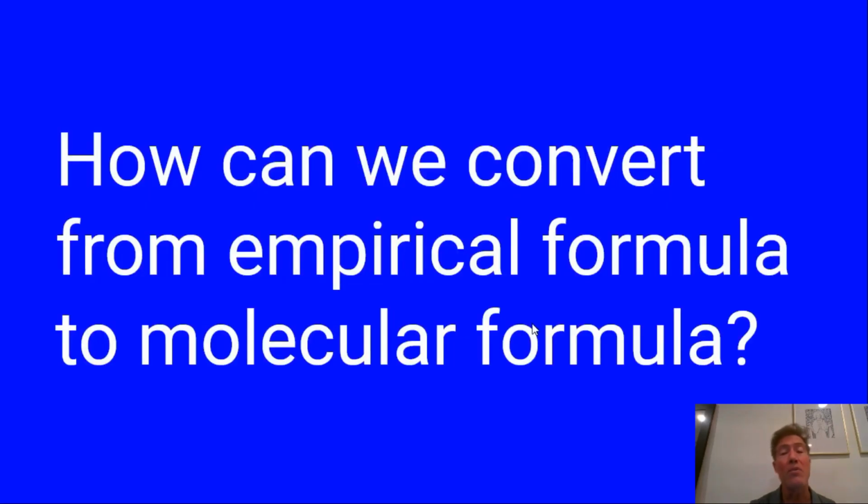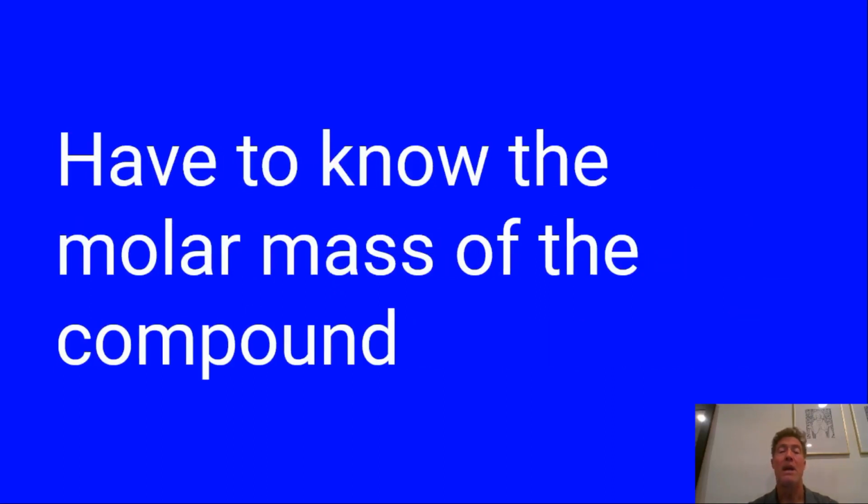So how can we convert from empirical formula to molecular formula? Well, as I said, you have to know an additional piece of information. You have to know the molar mass, the total weight of the compound. And if that happens to be the same as the empirical mass, then you're done. Then the empirical formula is the same as the molecular formula.